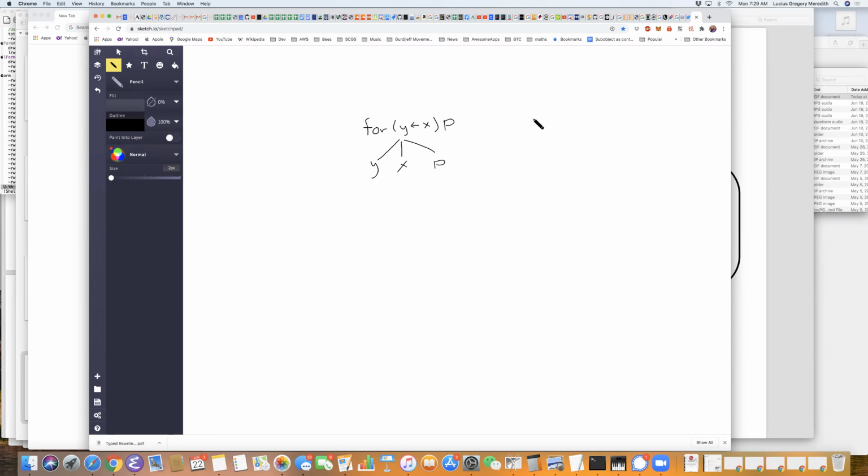And then over here, on an x bang, what we're saying is that underneath here we have an x and a q. And these are both underneath the par, right?